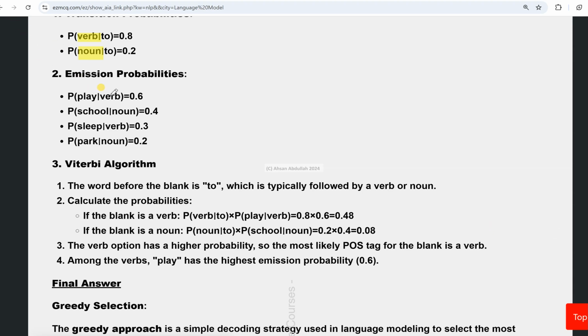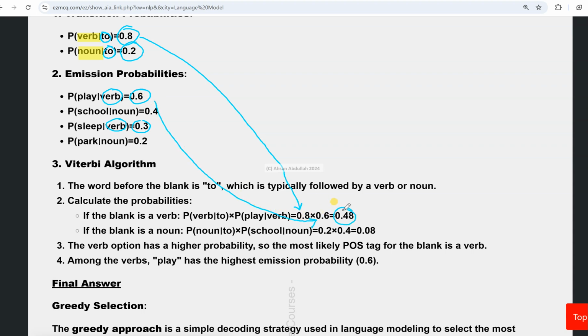So 0.8 and 0.2. With the verb we have 0.6, and with the noun we also have 0.3. If the blank is a verb, what is the probability that the next word would be "play"? That is 0.8 times 0.6.